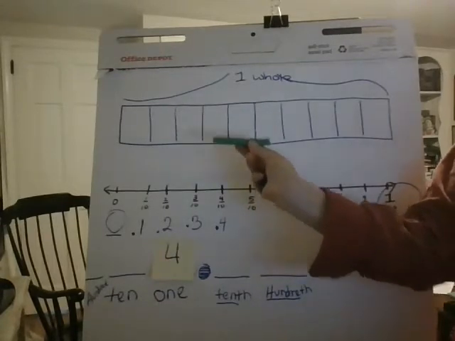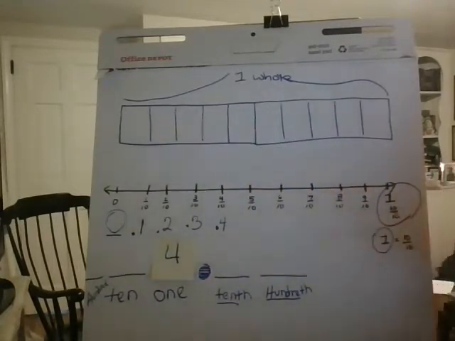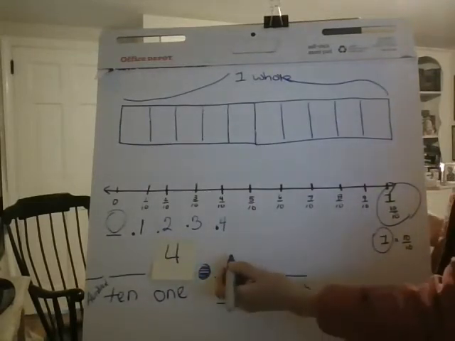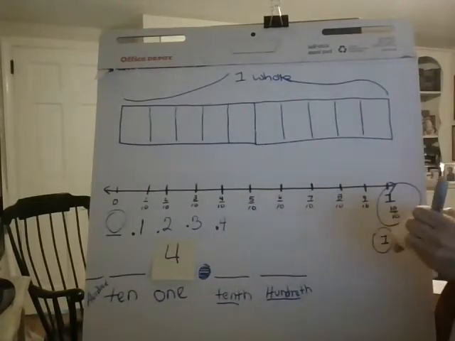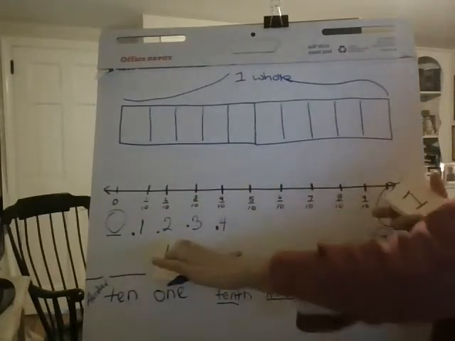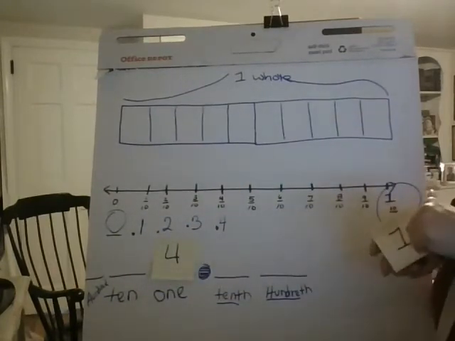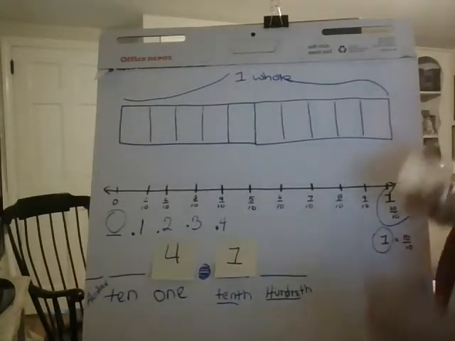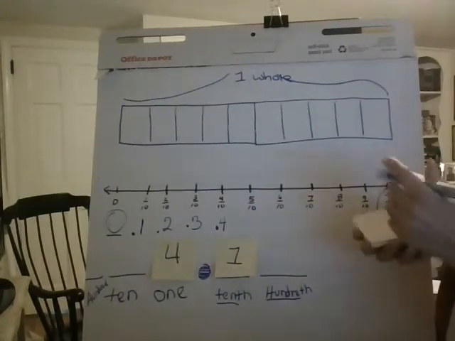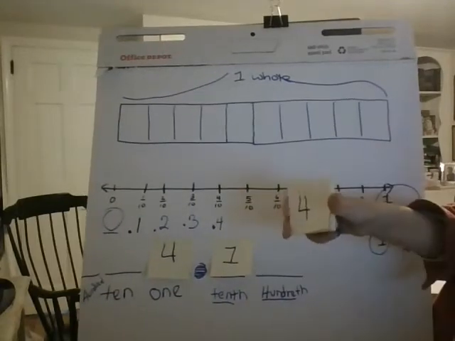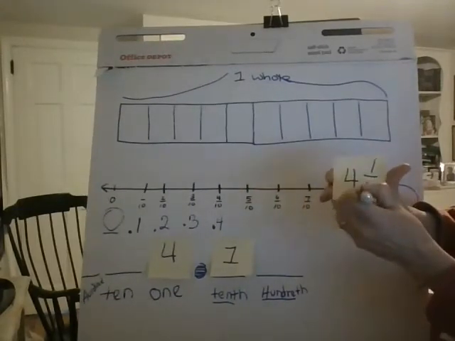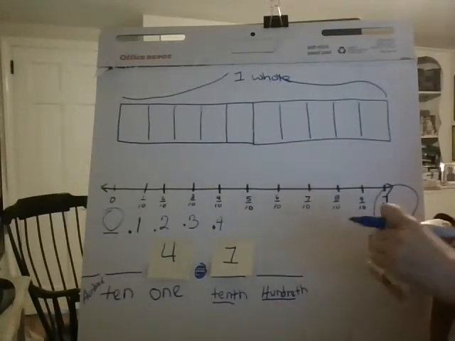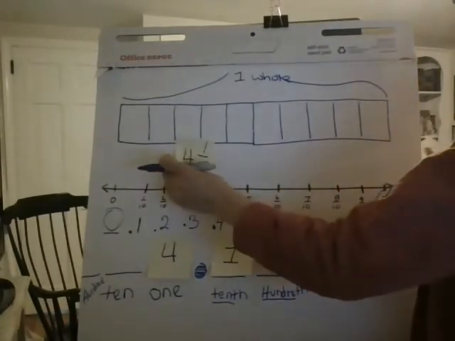We're going to say that this, for just a moment, is talking about the whole. All right. Now, when I start breaking it down and I say I have 4 wholes and 1/10, then I have 2 different ways I could write that. I could say I have 4 wholes and 1/10, which we know as a what? Janetta, what's that called?